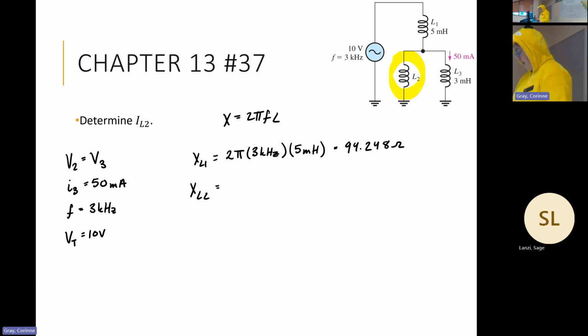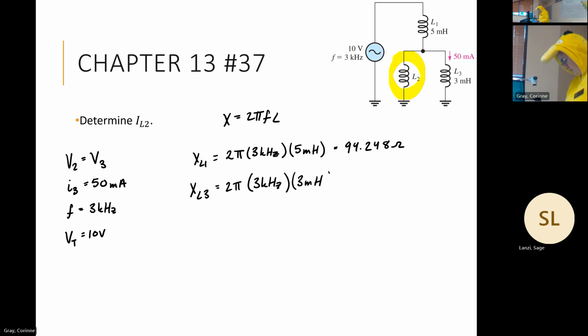I can do the same for L3: 2 pi, 3 kilohertz, 3 millihenry, which gives 56.549 ohms.